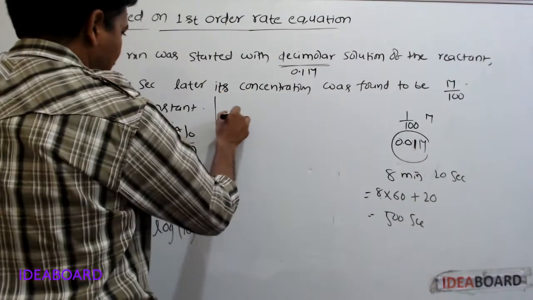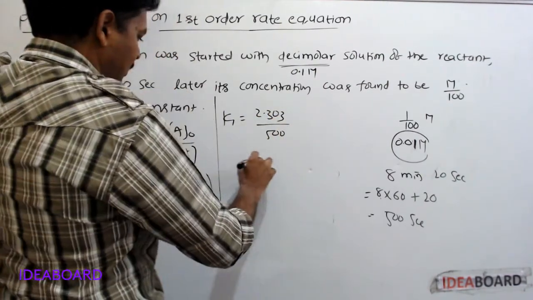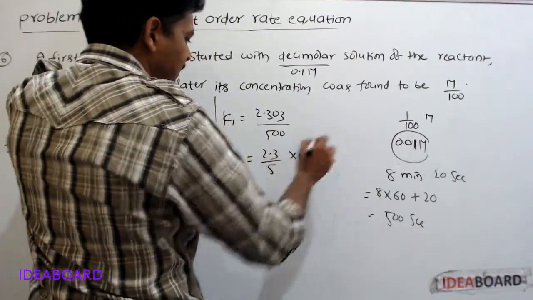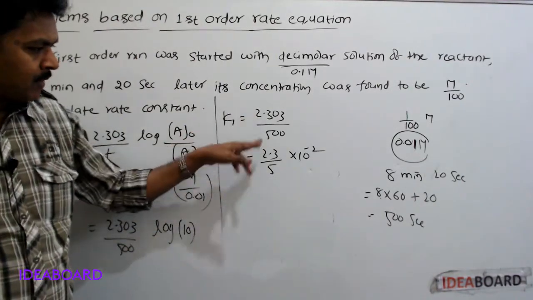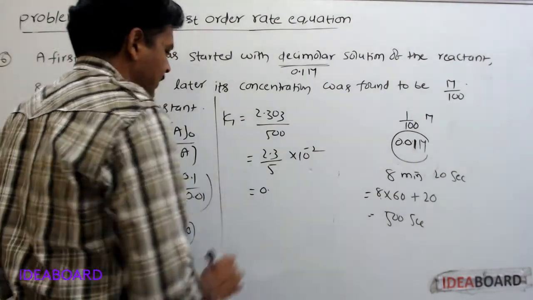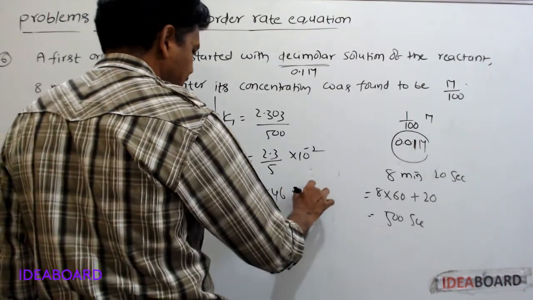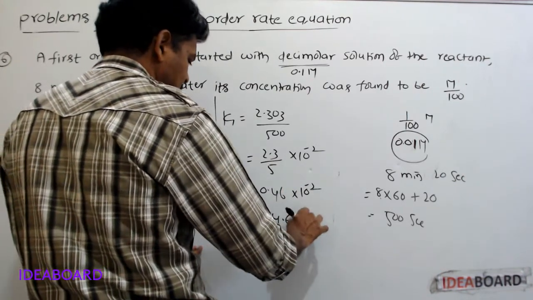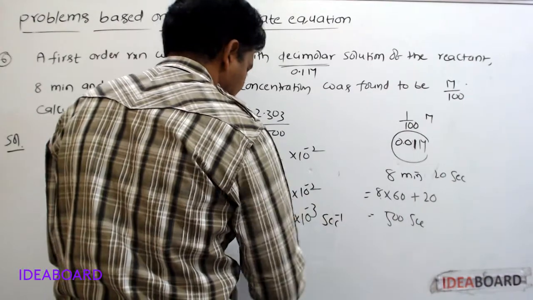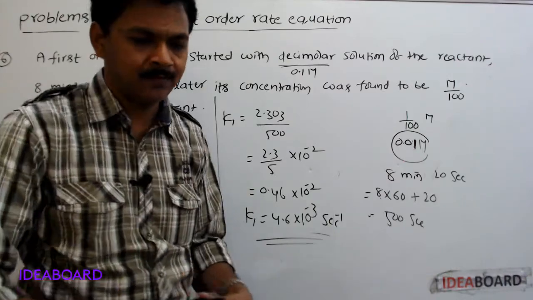Then K1 is equal to 2.303 by 500, approximately 2.3 by 5 into 10 power minus 2. This value is 0.46 into 10 power minus 2, that is 4.6 into 10 power minus 3. For a first order reaction, the unit is second inverse. So the rate constant is 4.6 into 10 power minus 3 second inverse.